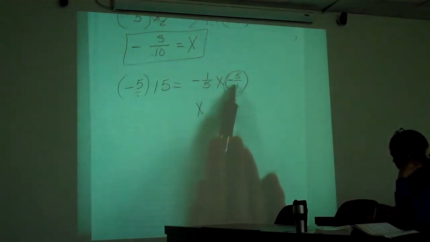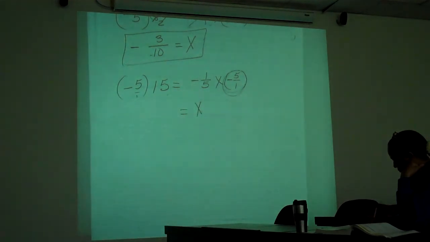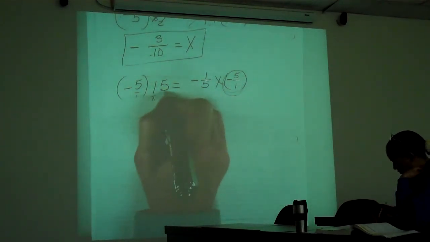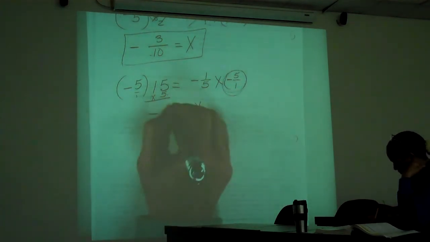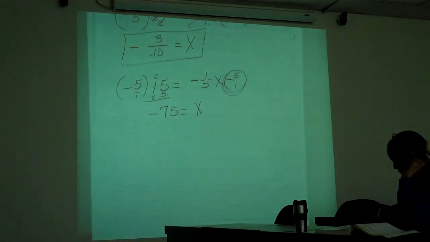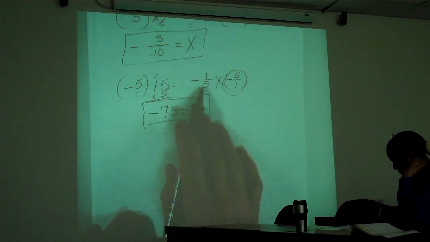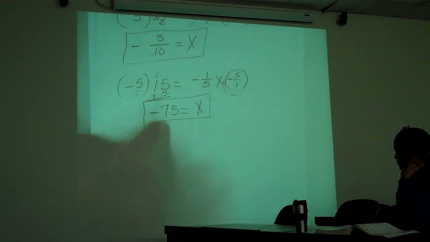We want this to be 1. The other side's where our answer is going to be. So -5 times 15, we know it's going to be negative, so we multiply 5 times 15, which is 75. So there's our answer: x equals -75.